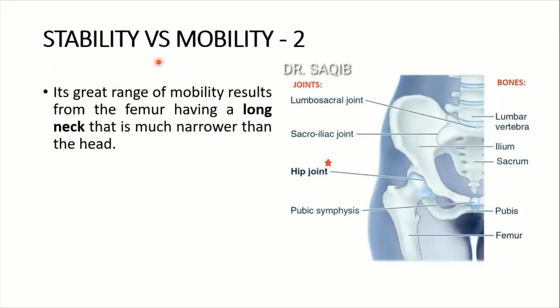And this is the stability versus mobility continuum, and its great range of mobility results from the femur having a long neck that is much narrower than the head. You can see the femur has a long neck, and this neck is narrower than the head, right?